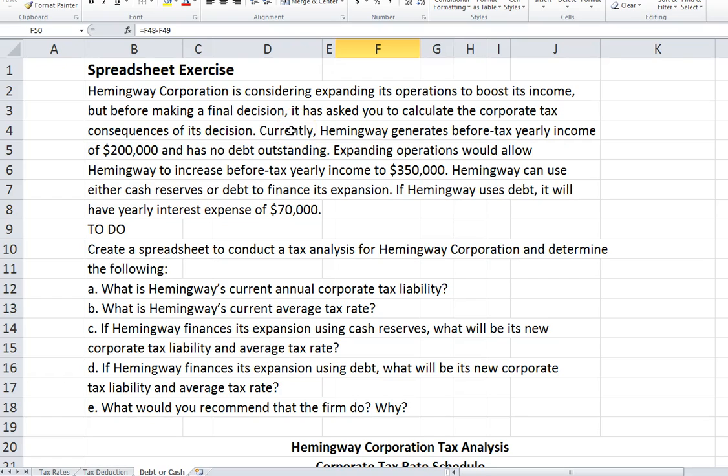And they want you to do a consequence analysis saying that, before it used to generate income of $200,000. After the expansion, it'll generate income of $350,000. So they can either pay for this expansion with cash or borrow debt. So this problem is basically asking, if we borrow debt, the interest expense is going to be $70,000. What's the tax difference?